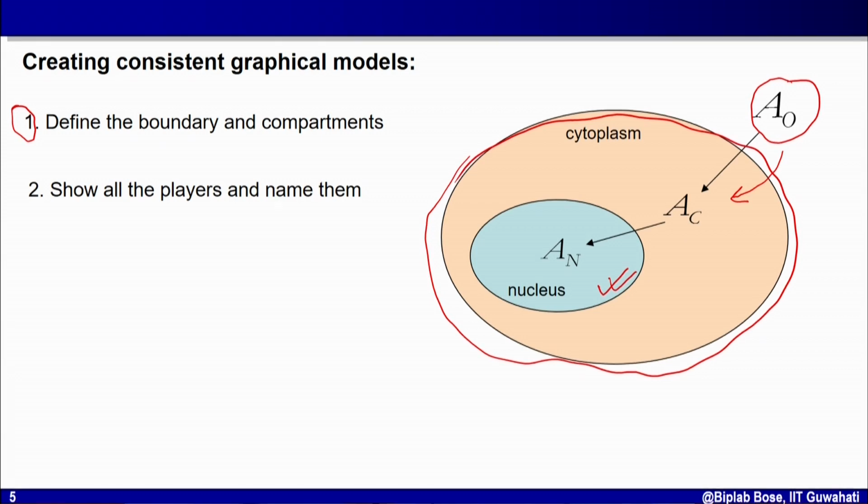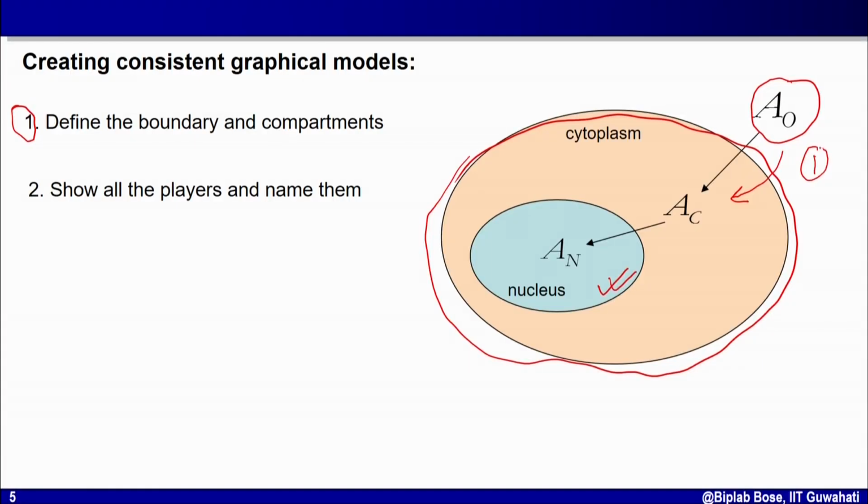So in this case, I have to show three different compartments. The first compartment is the outside of the cell. Second compartment is my cytoplasm. And the third compartment is the nucleus. In this particular case, I have to show the nucleus separately because the molecule is entering the nucleus from cytoplasm.